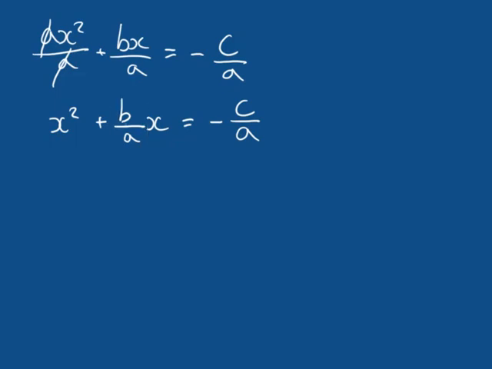Now we're going to add a value to both sides, and that's not going to make a huge amount of sense right away. This is the step that I mentioned earlier that appears to come from thin air, but it's actually based on mathematical theories that relate to expanding expressions in the form of a plus b squared, or in this case it's going to allow us to factorize into this form.